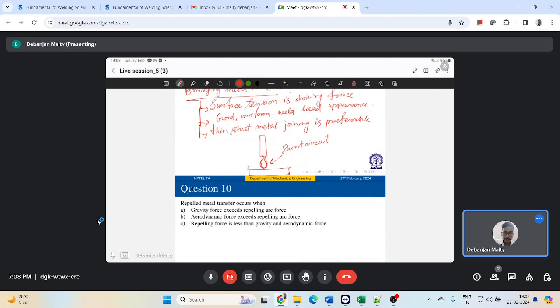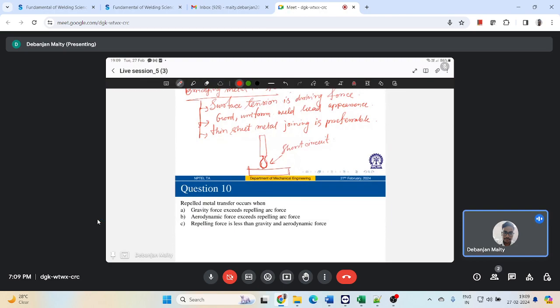And the moment the drop is detached from the electrode, the circuit is again open and the arc gets reignited, right? So yeah, that's how this short circuiting occurs.